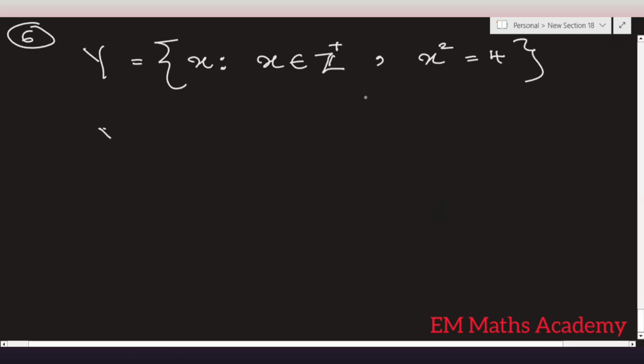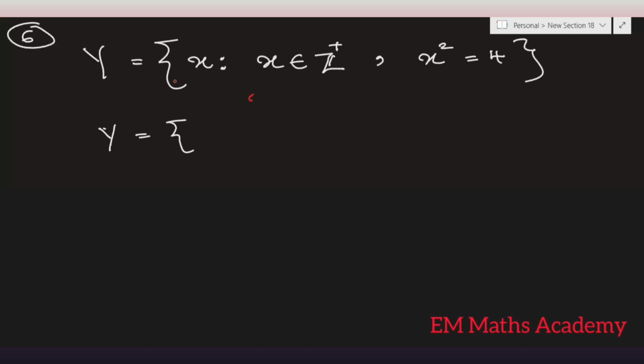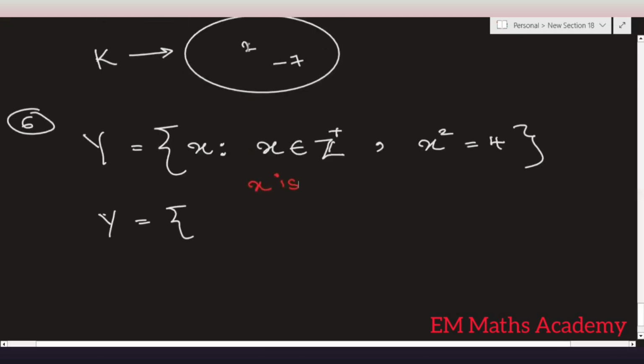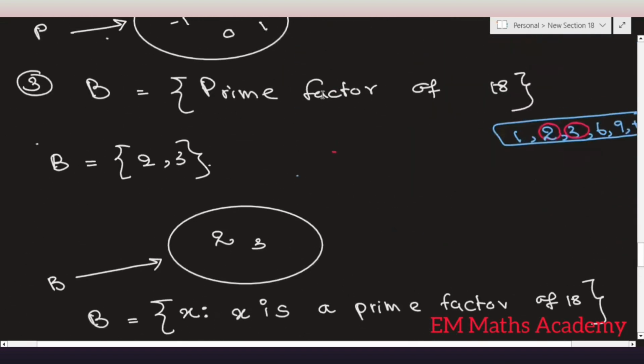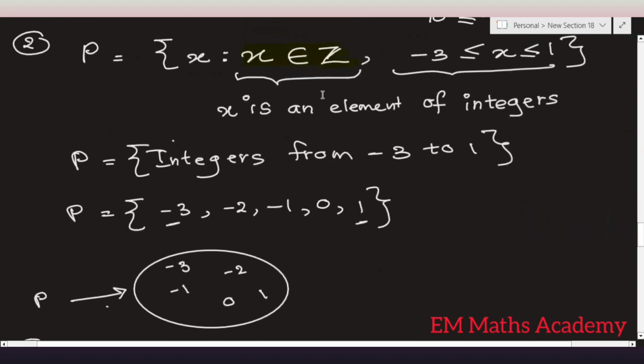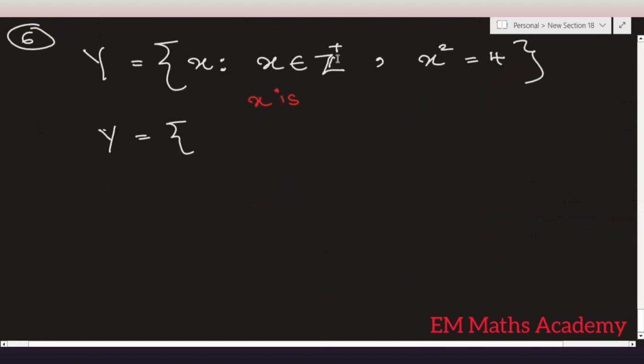Okay, y is equal to, now here you should be able to read this one carefully. What is it? X is, here in the previous case it was just only z. මෙතන තිබුණේ x is an element of integers. හරිද? Then මෙතන මේක integer එකක් තමයි. හැබැයි මොන integer එකක්ද?